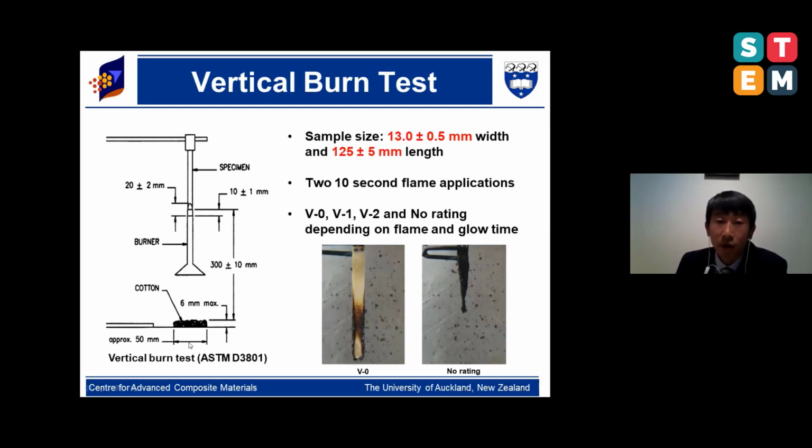That is the best grade. But the material can be completely burned, or the melted drip from the specimen may burn the cotton fabric. Then it depends on the flame and glow time. We can grade V1, V2, or no rating.